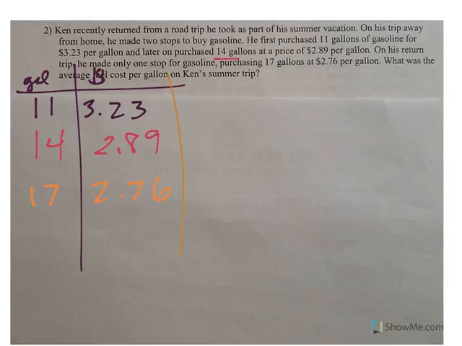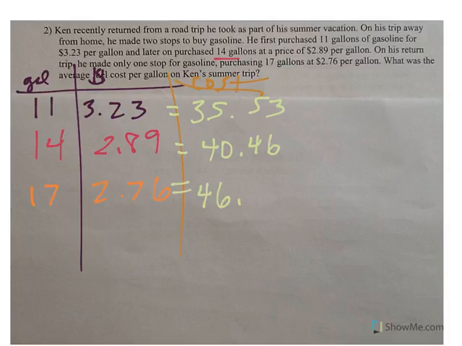So we've got to find how much it cost him. For each of these, 11 gallons at $3.23, I multiply. That gas trip cost him $35.53. The next one, 14 gallons at $2.89, cost him $40.46. The third one, 17 gallons at $2.76, cost him $46.92.